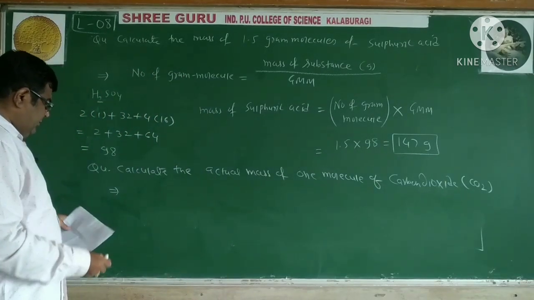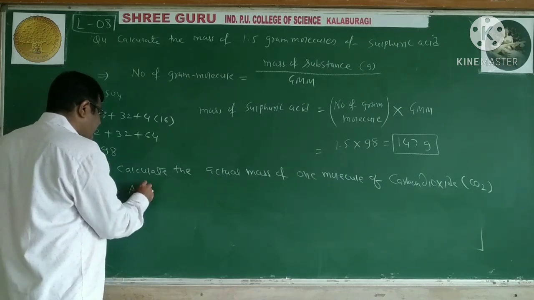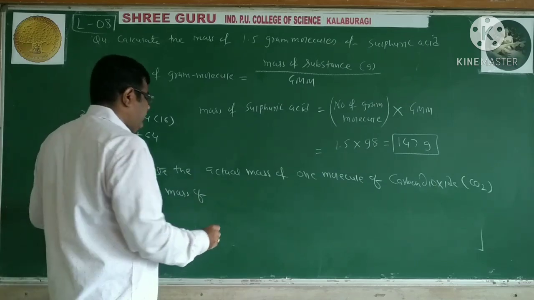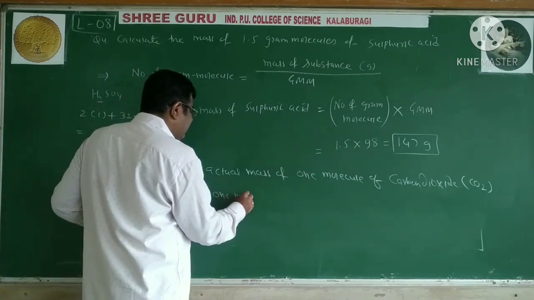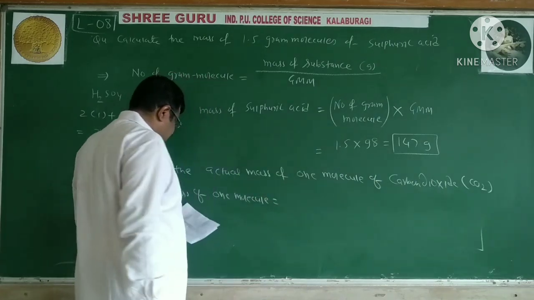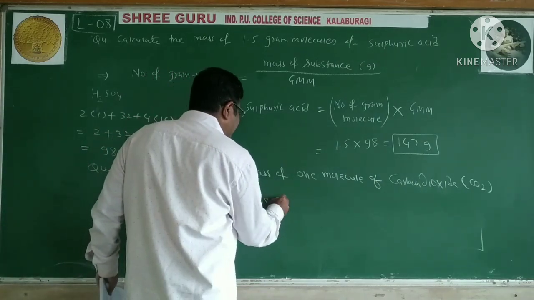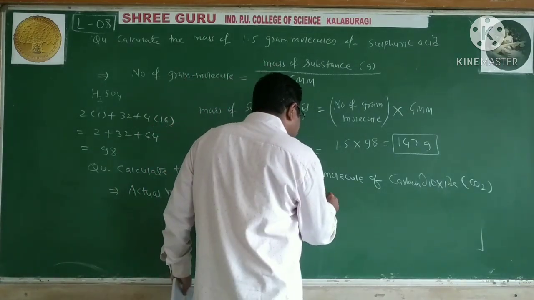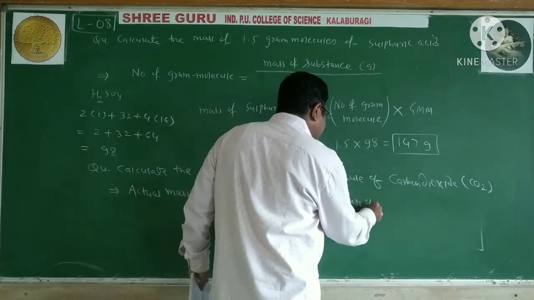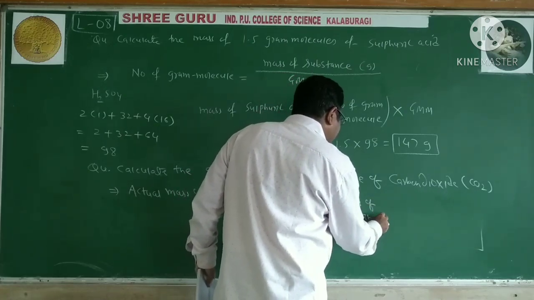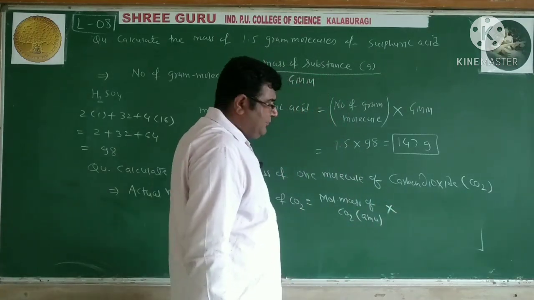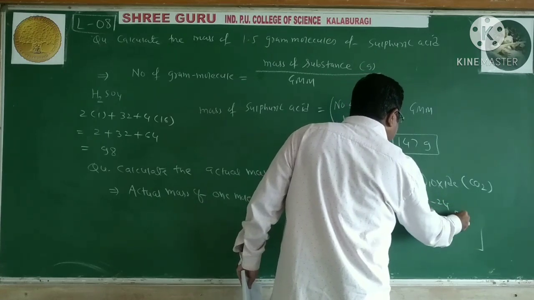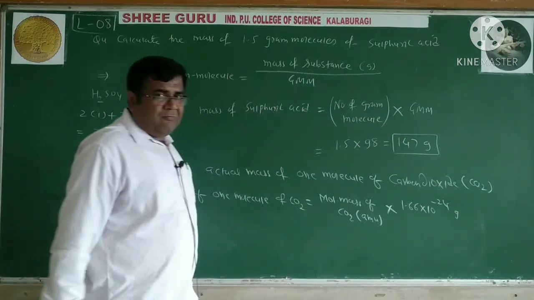We can write the formula. Actual mass of 1 molecule of CO2 is equal to molecular mass of CO2 in AMU, atomic mass unit, multiplied by the value of 1 AMU.